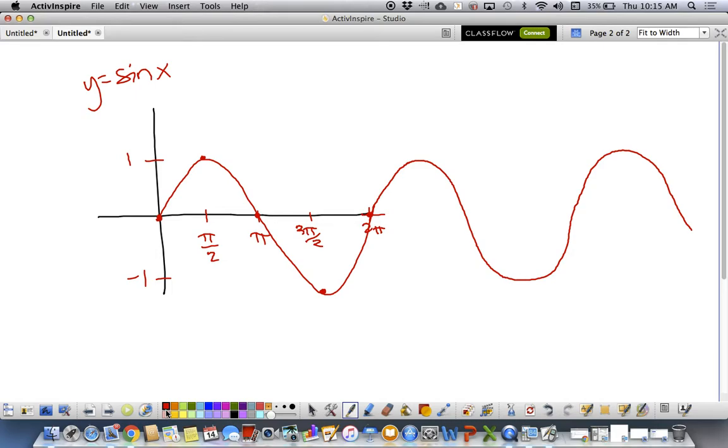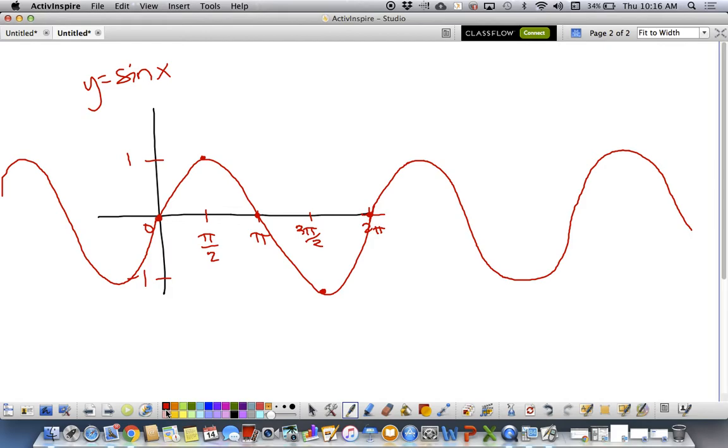What happens on the left side of 0? It goes down and then back up. It repeats. It never is not like that. Right? Okay?